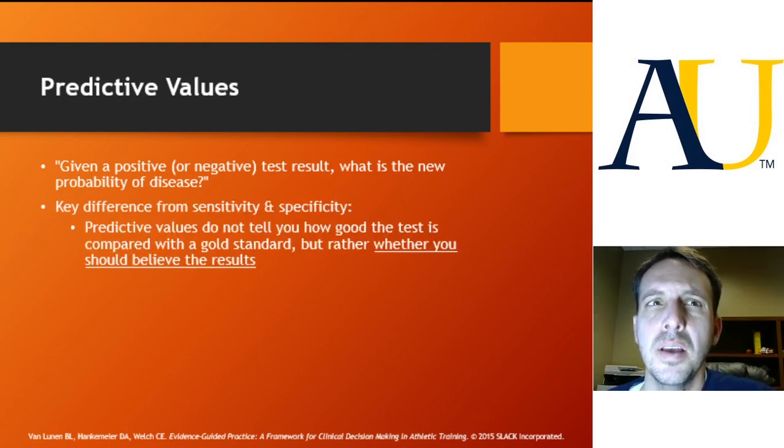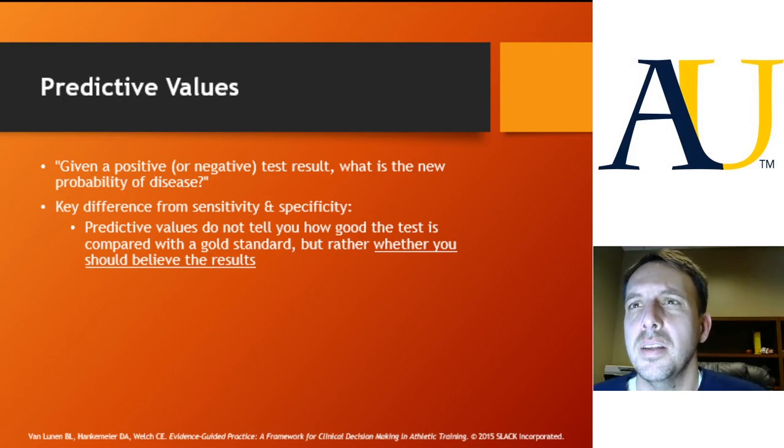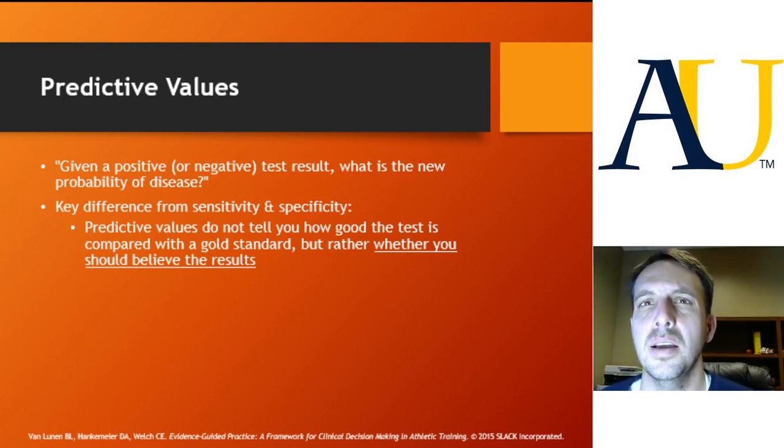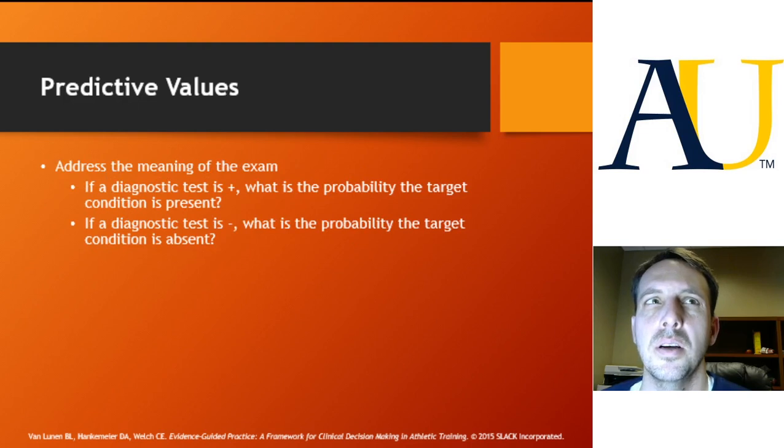The big difference is that predictive values don't tell you whether you're comparing to the gold standard, but whether you're believing the results themselves. So sensitivity and specificity tell us how the test does compared to the gold standard, whereas predictive values tell us whether or not we should believe that test result.